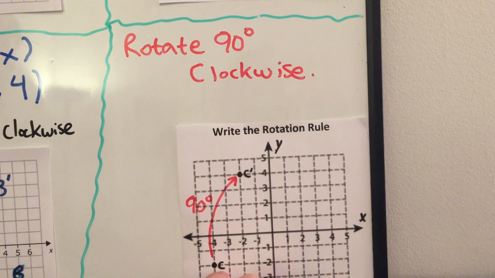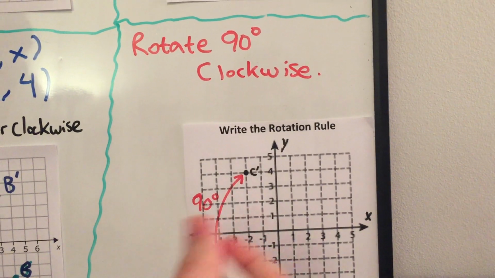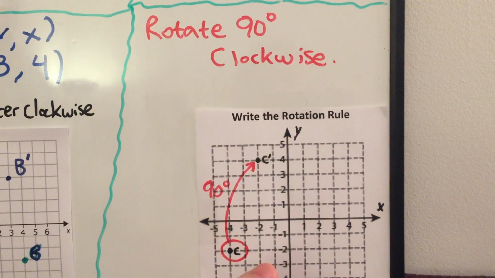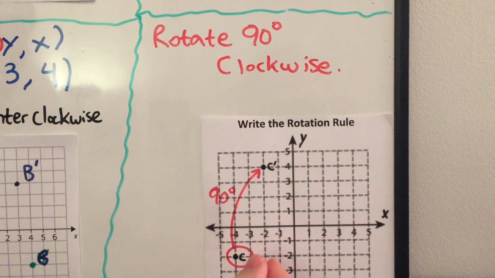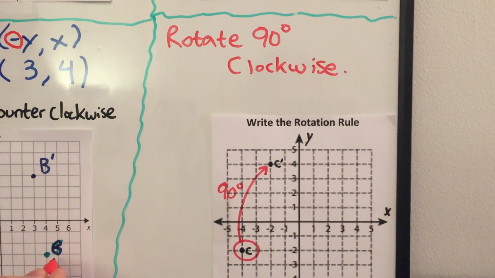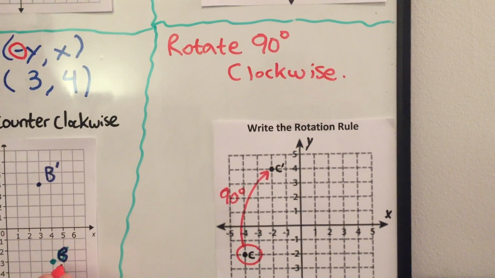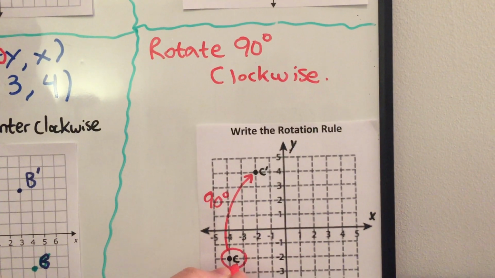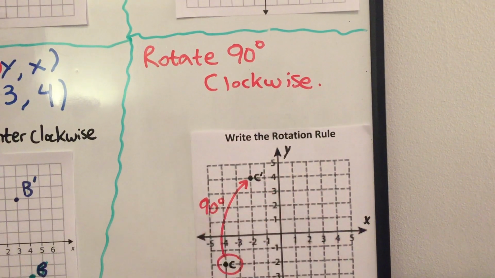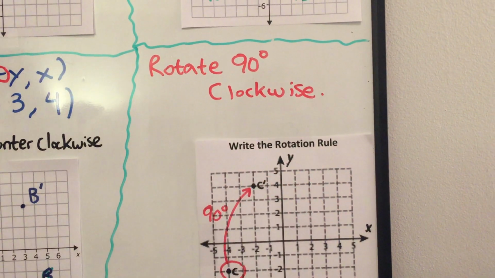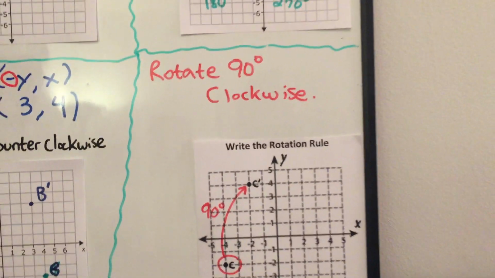The letters that do not have primes, for instance, right here, the C, that represents our original because originals won't have prime, and that's why I had to change this one to B because Mr. Brodeur made a mistake and accidentally did prime when that was my original. So originals always have no primes, and then new images have the prime. So you always want to go from a no prime to a prime. So good question.